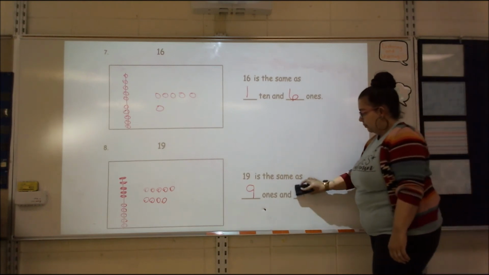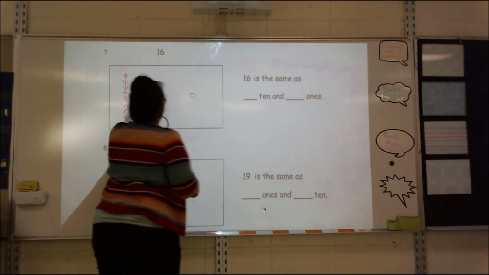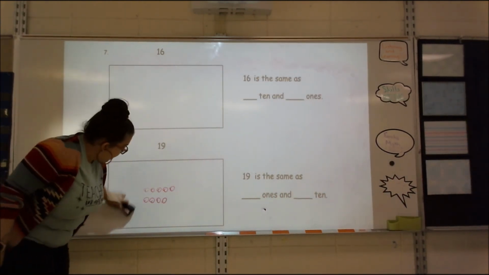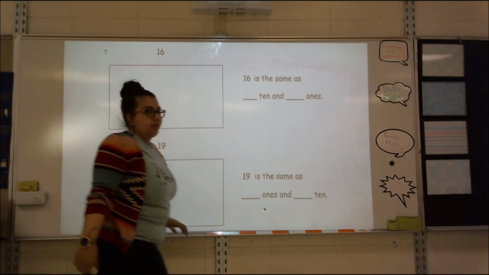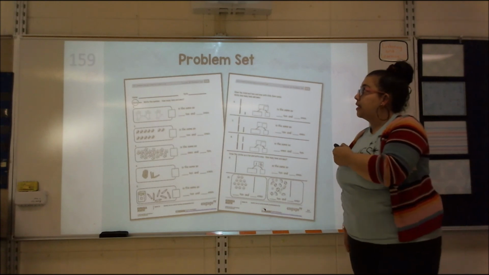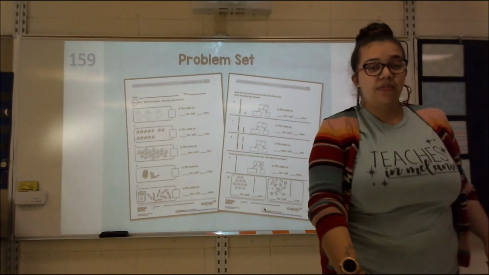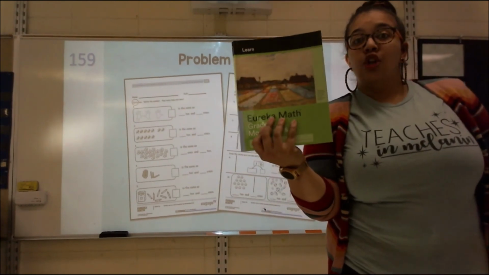All right, so that's our We Do. We're breaking teen numbers down into tens and ones. And now, what do you do? You do your problem set, which is front and back, starting on page 159 in your Learn book.